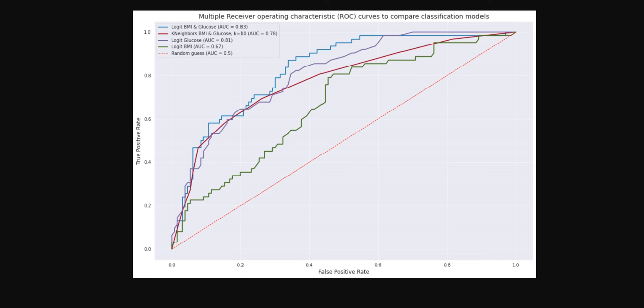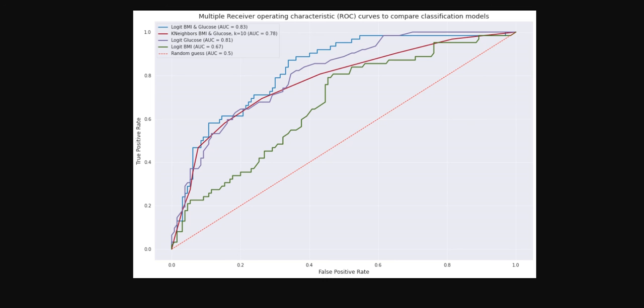So again, the AUC is desirable because it's an aggregate measure of performance across all possible classification thresholds. AUC is scale invariant. It measures how well predictions are ranked, rather than absolute values as you saw in the beginning of the lecture. Last but not least, the AUC measures the quality of the model's predictions irrespective of what classification threshold is chosen. Absolutely fantastic.